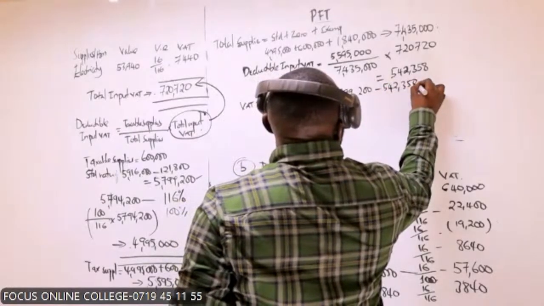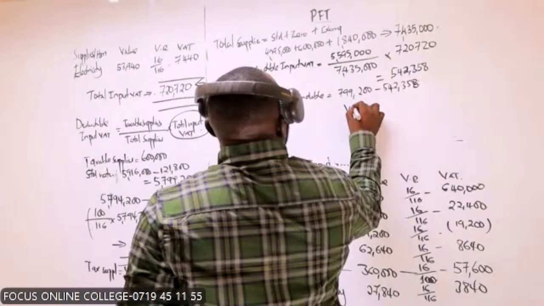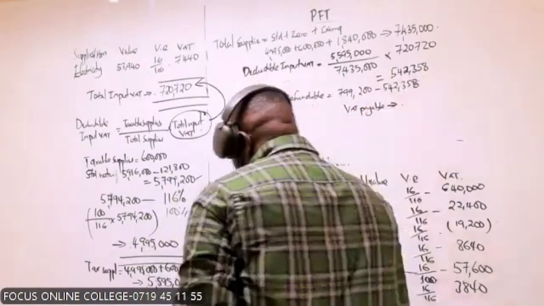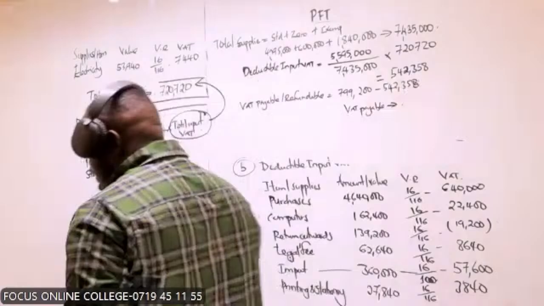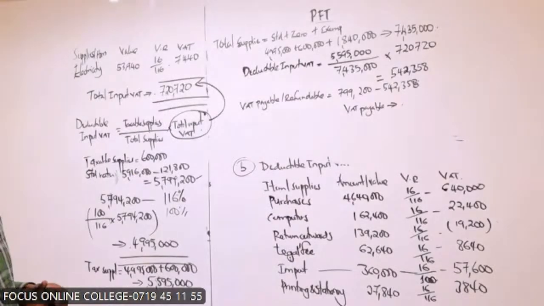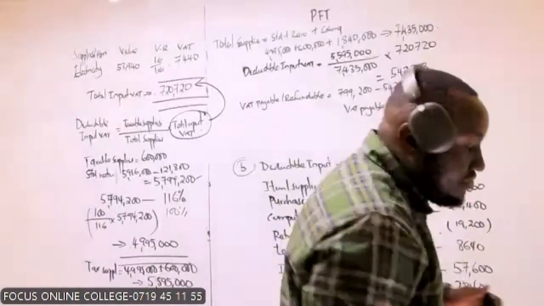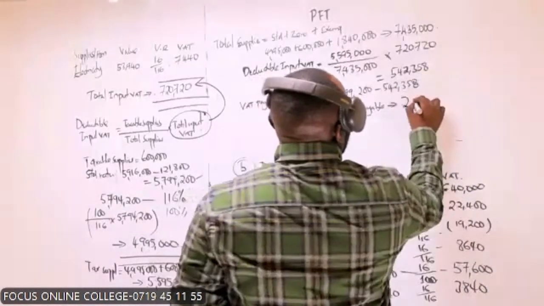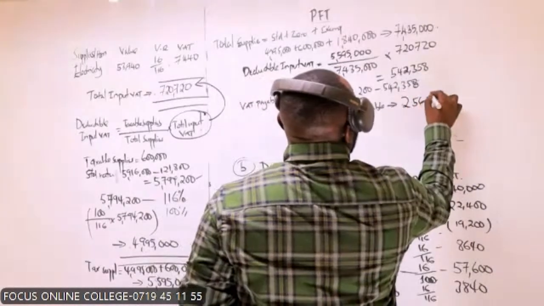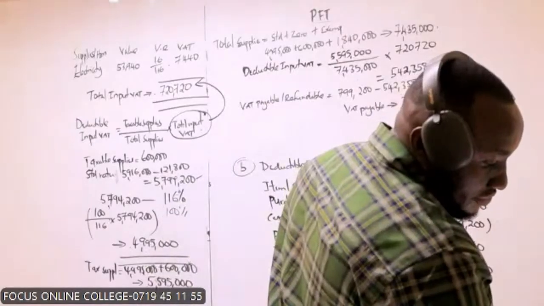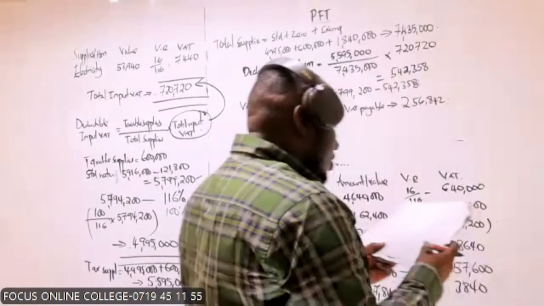So this is VAT payable. How much is it? Give me that. 256,842. That's okay. 256,842.